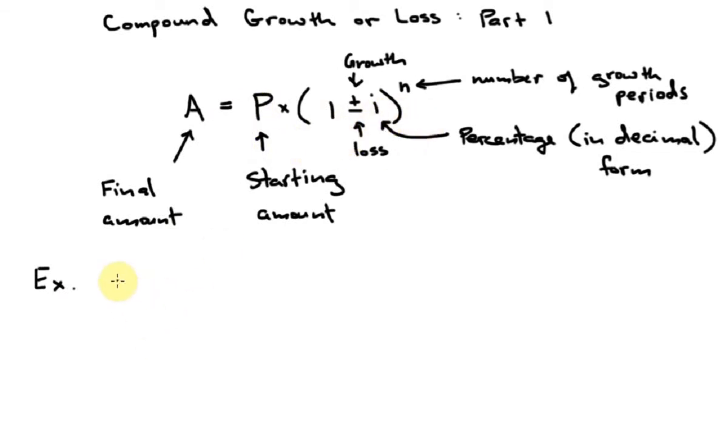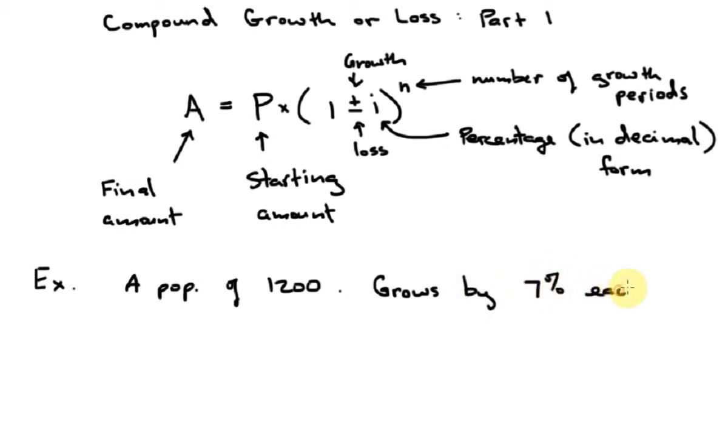Say you have a present population of 1,200. A population of 1,200 could be people in a little town or something. And then we're told that this population grows by 7% each year.